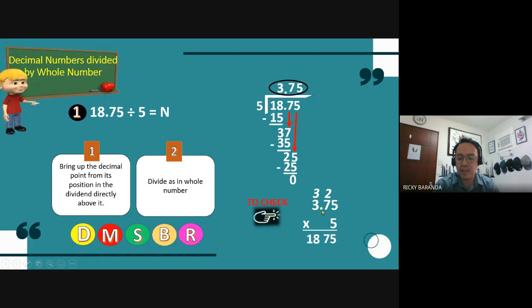So since dalawa ang decimal places sa given, ang decimal point niya ay nandito din, dalawa din. So our answer is 18.75. Kung mapapansin nyo si 18.75, pag minultiply mo nga yung quotient na nakuha mo sa divisor, dapat itong 18.75 parehas dito. Okay? So that's how we divide decimal numbers by whole number.